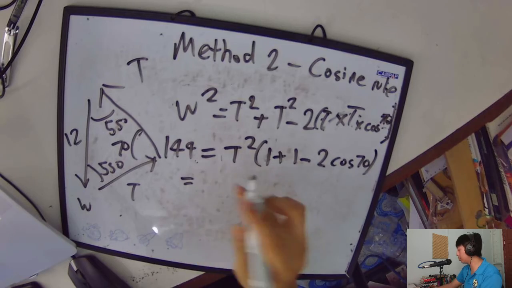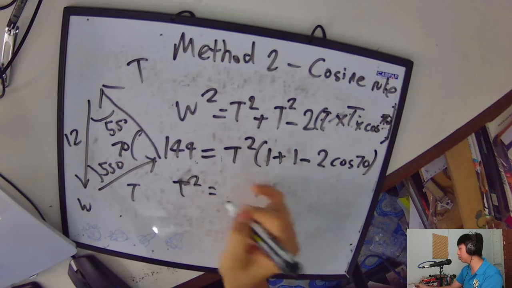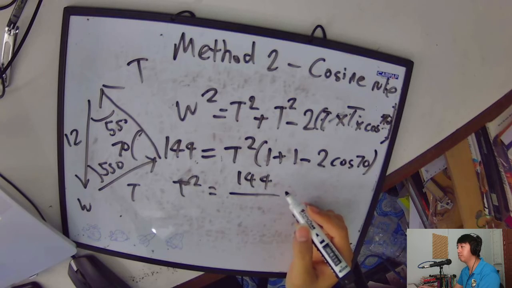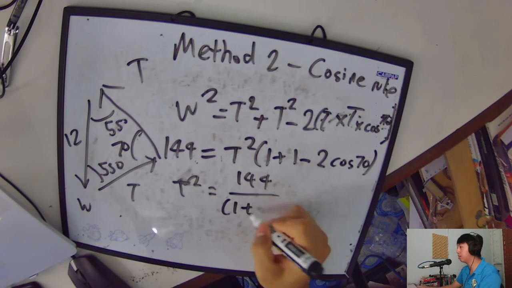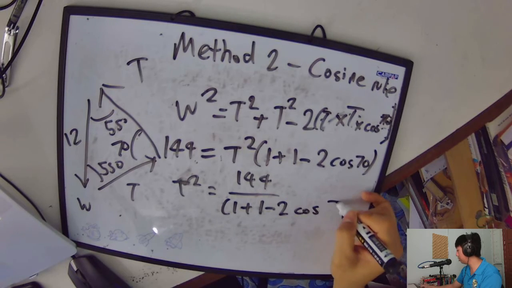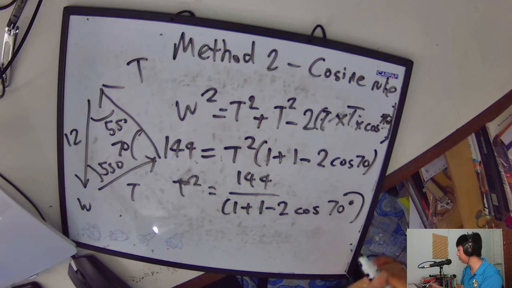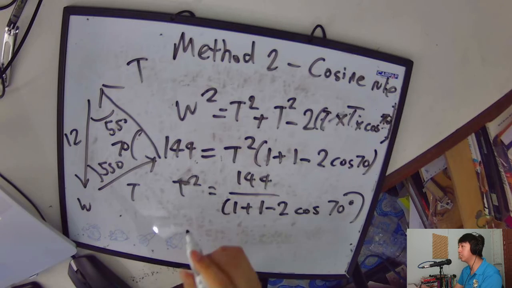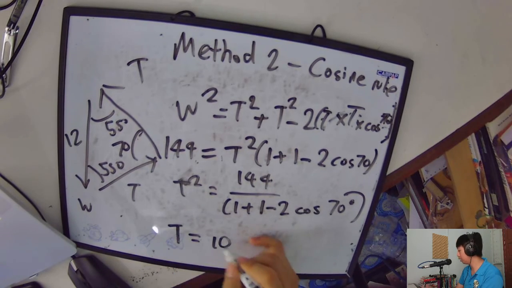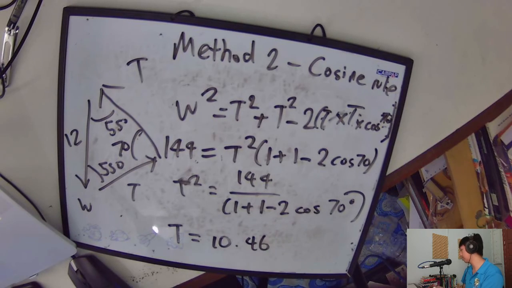And therefore, T square equals 144 over 1 plus 1 minus 2 cos 70, and therefore T equals 10.46. So the textbook does a different way, but both ways are using the cosine rule.